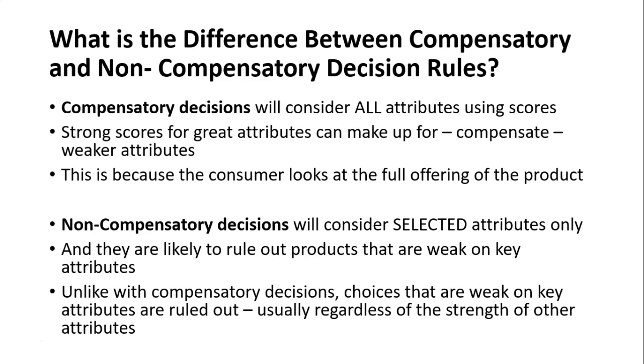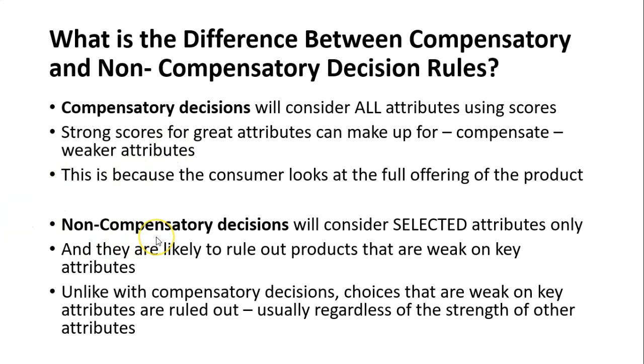The way to think about that is like a sporting team. So you might have 2 or 3 great players in the team who can sort of cover for a couple of players who are just starting out, or just learning the game, or aren't that good. Okay, so the team works together. So in this case, in the compensatory approach, we look at essentially the product as a whole.